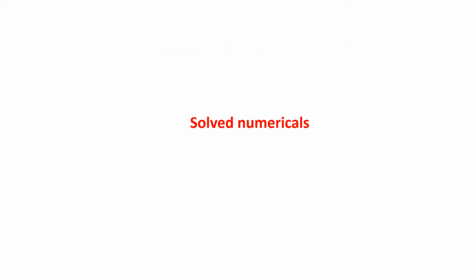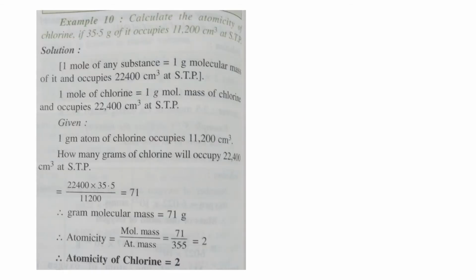Now we will solve some numericals, and the numericals are taken from your book only. I'll explain the numericals to you for your understanding. So the first question: calculate the atomicity of chlorine, if 35.5 gram of it occupies 11,200 centimeter cube at STP.